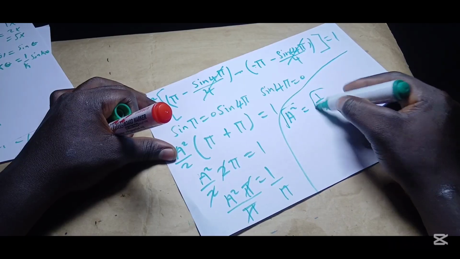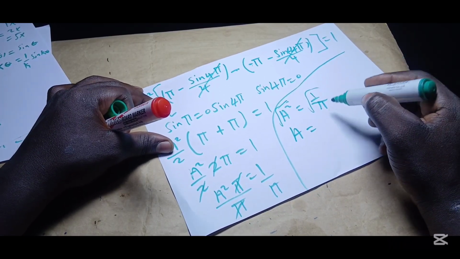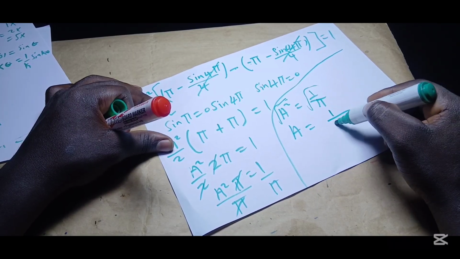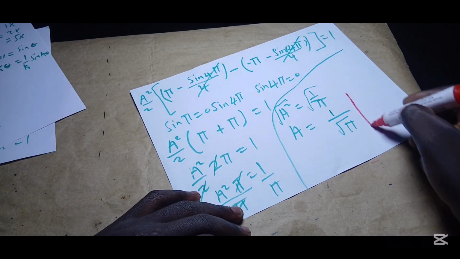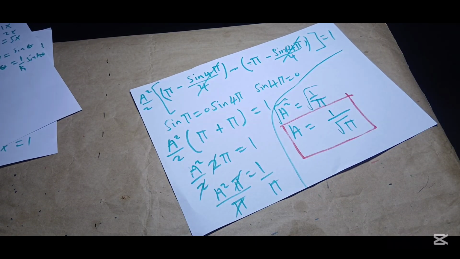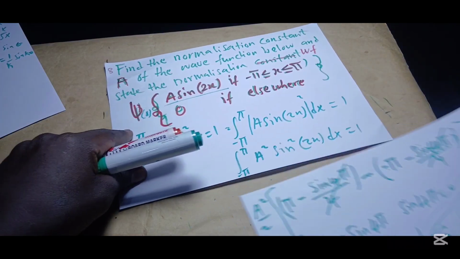So taking square root of both sides, our a, which is the normalization constant, is going to give us square root of 1, which is the same as 1, over square root of pi. So this is our normalization constant. So this is what we need to multiply to the wave function that can make the wave function used to predict the system.